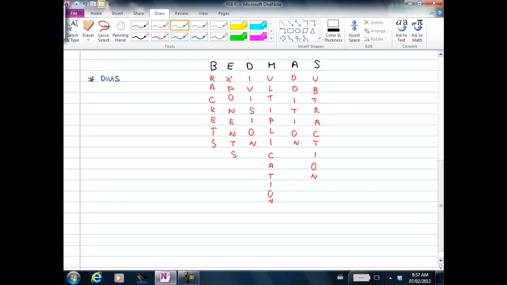Division and multiplication has the same priority. Even though according to BEDMAS we do division first, in reality they have the same priority.